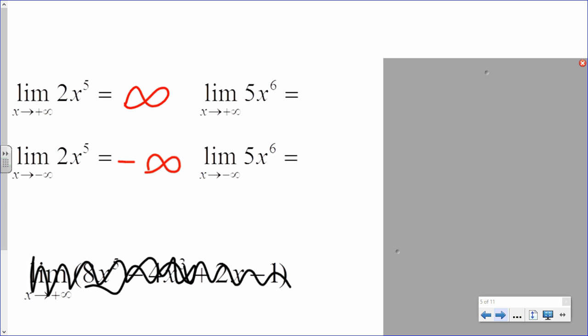It rises. So the limit towards positive infinity is infinity, because as we continue to go to the right, our graph is rising. Okay, as we go to the left, the limit as x approaches negative infinity, what's happening on the left? It's heading towards infinity. It's also rising.